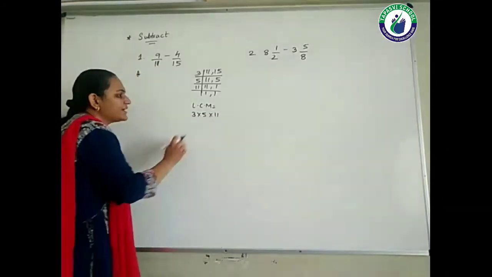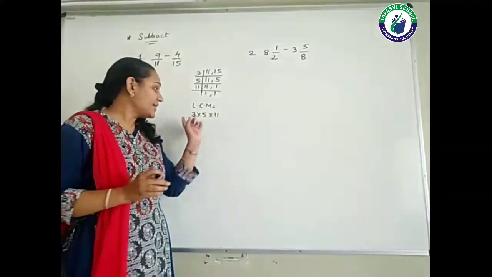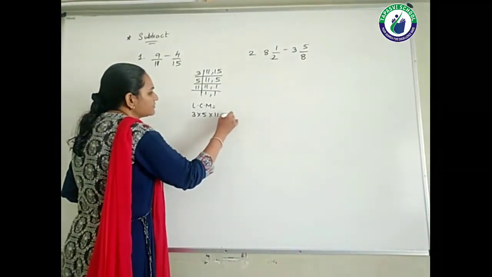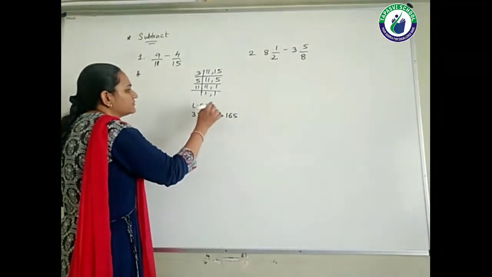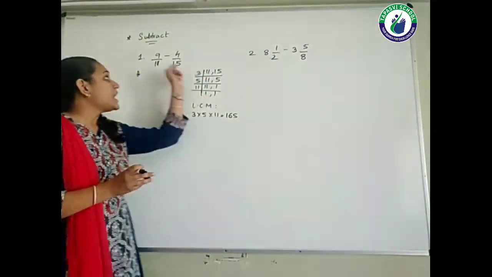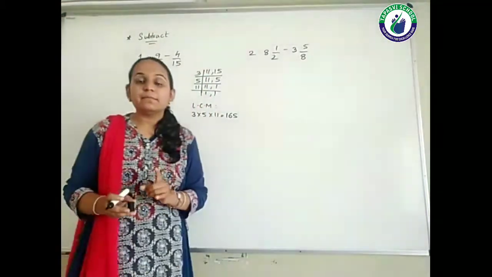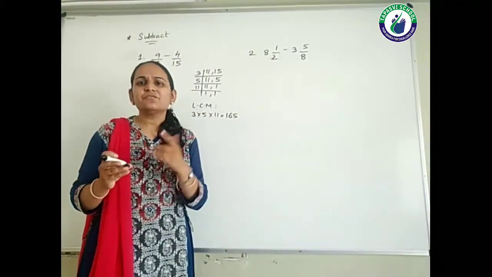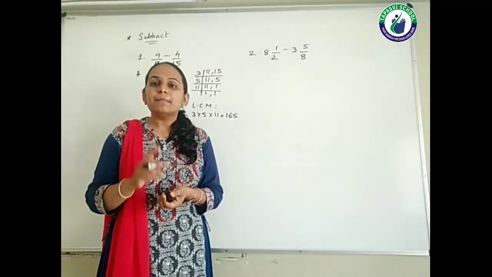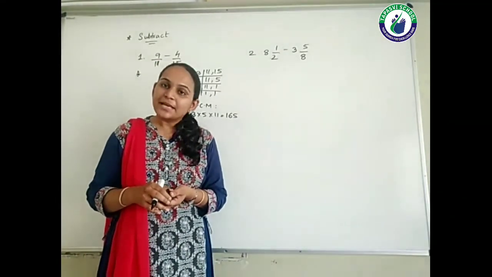So 3 5s are 15 and 15 11s are 165. Is it clear, students? Or you can even think like that. Out of the two numbers, one number is a prime number. So in this case, if one number is a prime number or both the numbers are prime numbers, in that case also you can multiply and find the LCM.